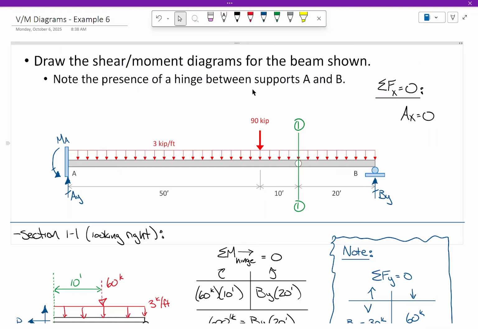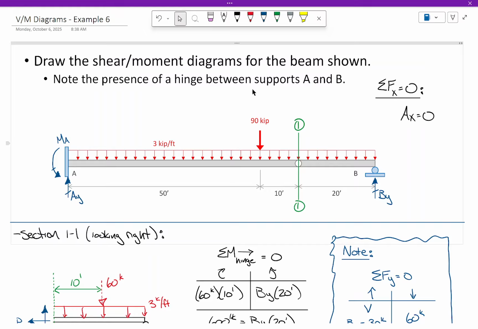We know that sum of the forces in the x direction is 0, sum of the forces in the y direction is 0, sum of the moments about any arbitrary point is 0, and the sum of the internal moments at the hinge is 0, right? We've used this one. We've also used this one because we know that this reaction equals 0. So we use this and we use this. That means we have these two left over.